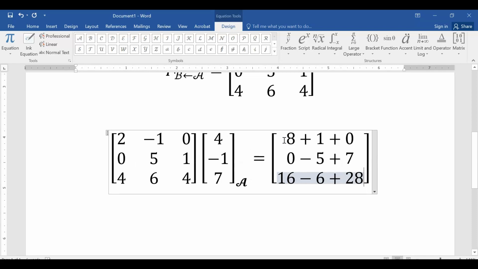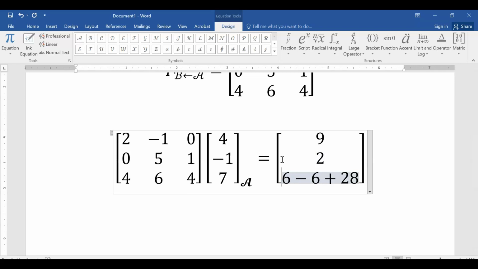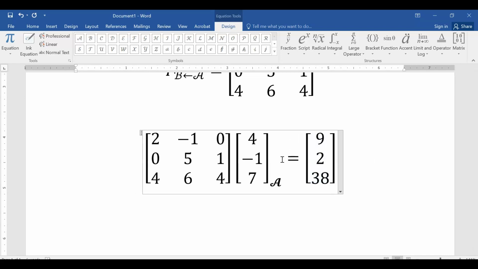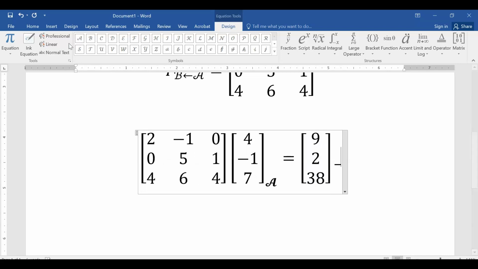And so what we get is the vector written with respect to basis B will be 9, 2, 38. Okay, so again, I'm abusing notation a little bit, but that's the vector written with respect to basis B. By the way, this is a common abuse of notation.